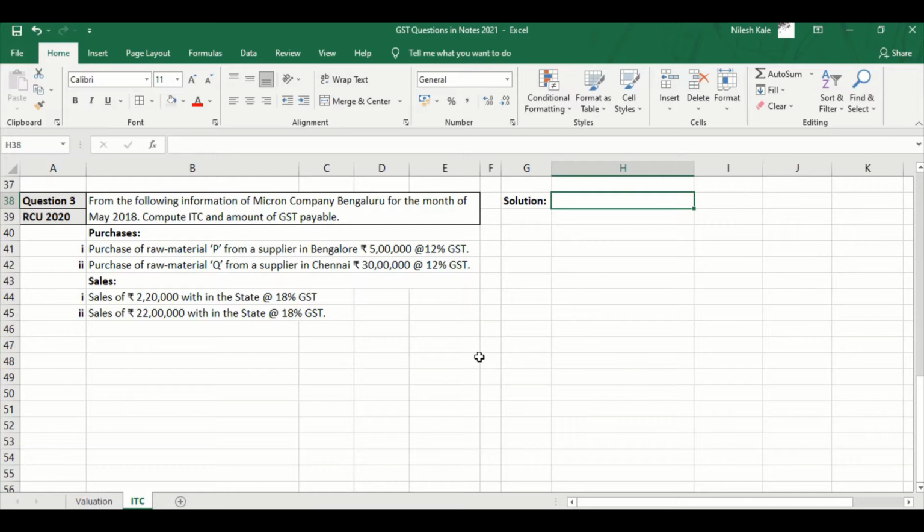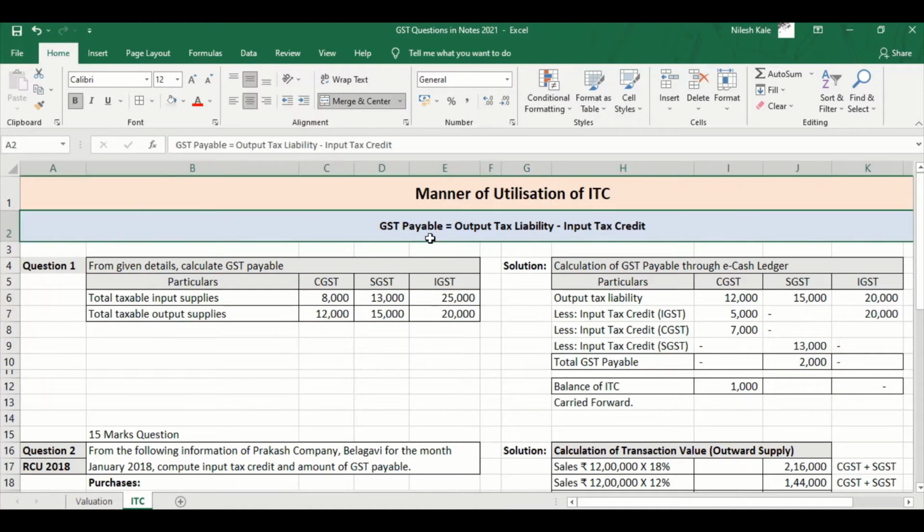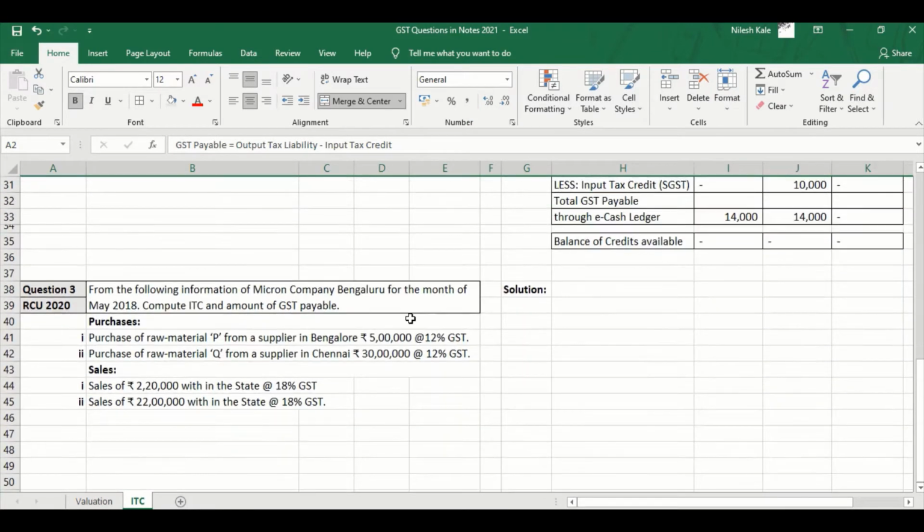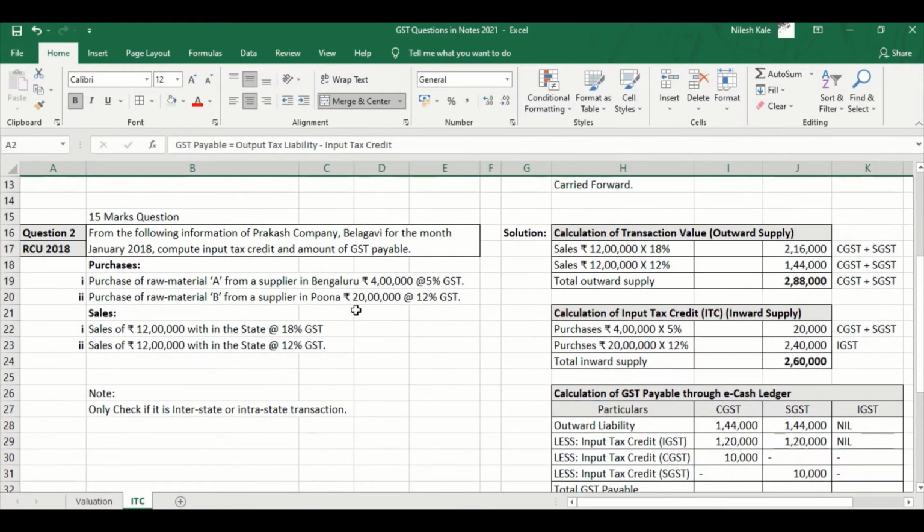What we have to do is first look at the formula. GST payable will be equal to output tax liability minus input tax credit, right? And similarly, the way we had solved in the previous class, there are three steps.